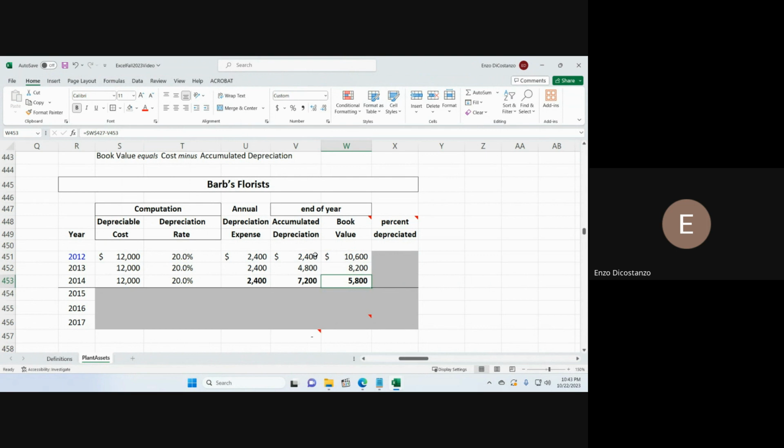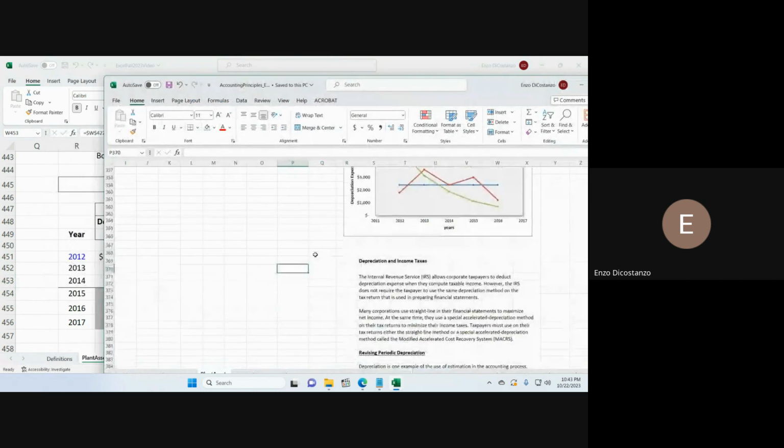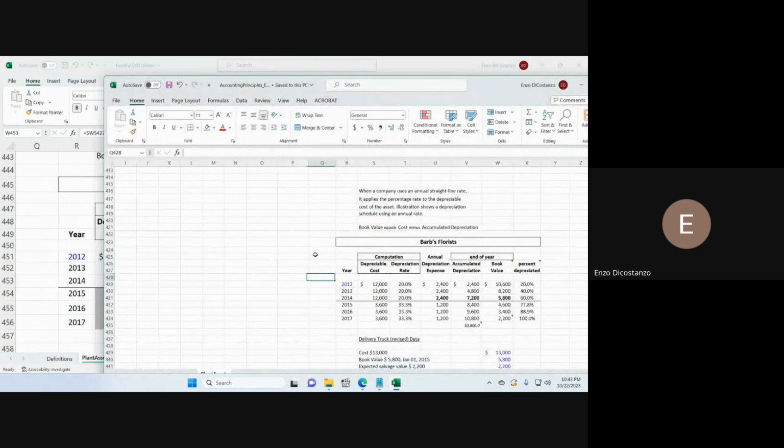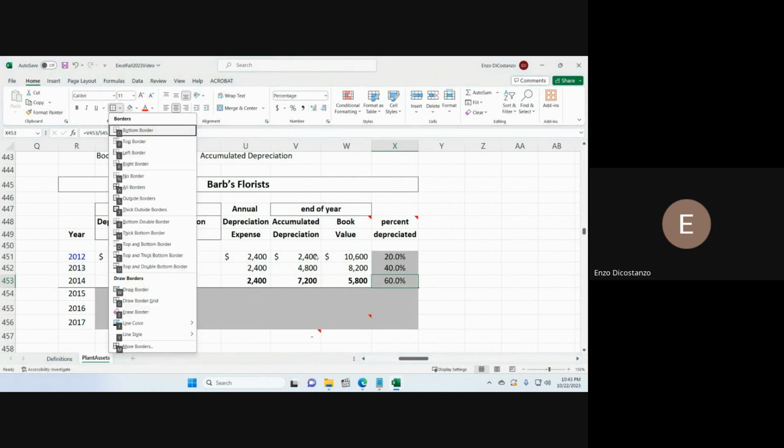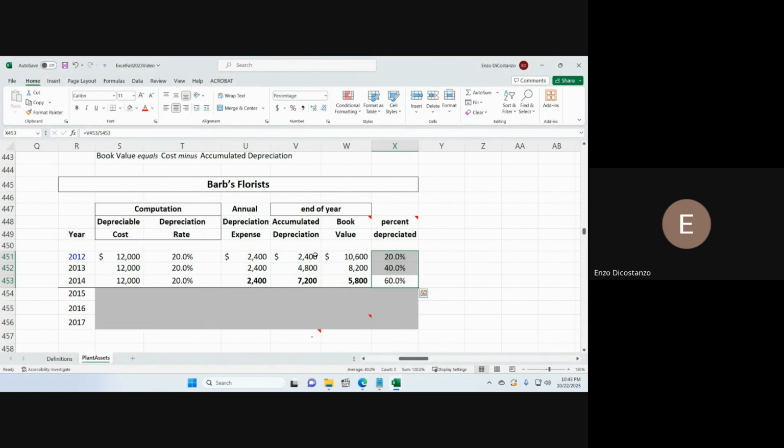So what you're going to do is start depreciating from 58 minus 22. That's your new depreciable cost. And the percentages depreciated are this thing. Yeah, okay, 60% depreciated.